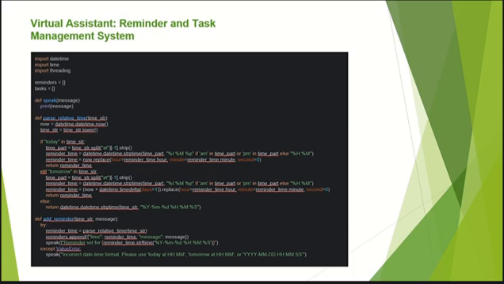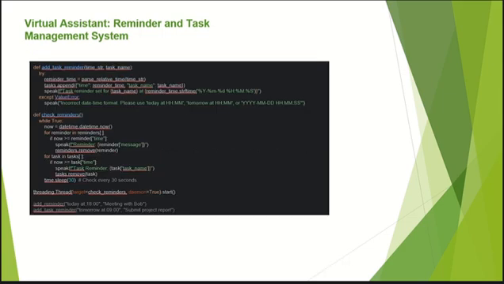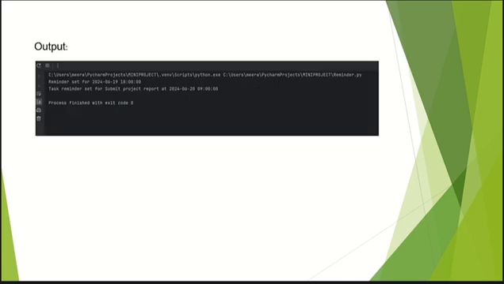Now the main feature: it can set a reminder for a task and manage that system. Here we are using date and time and threading. Through that we can set a reminder for a task and the virtual assistant can display it in this format.